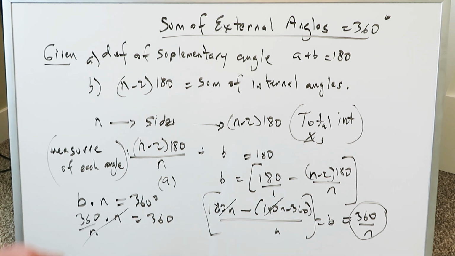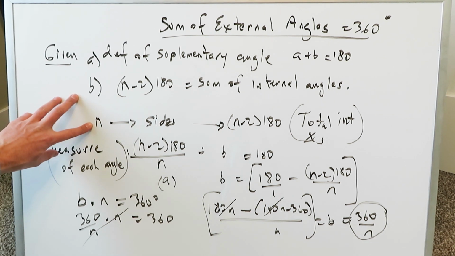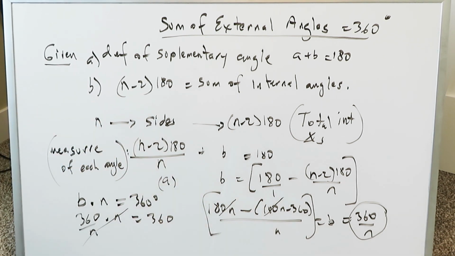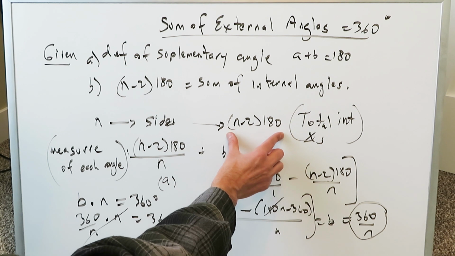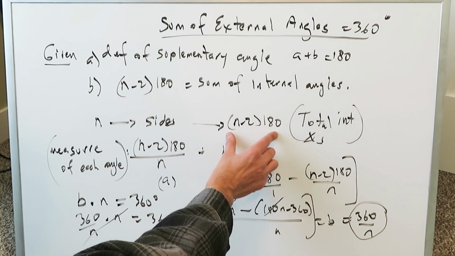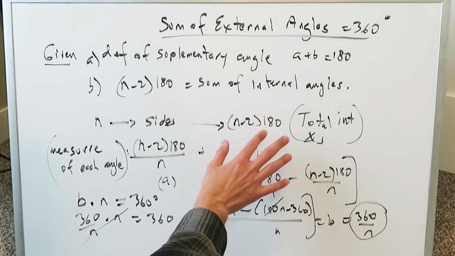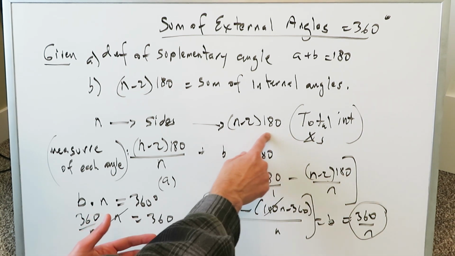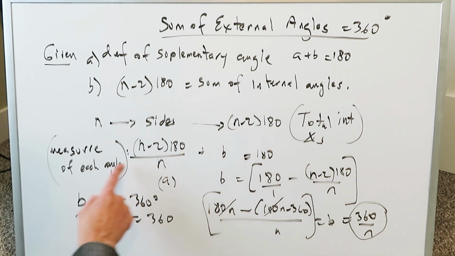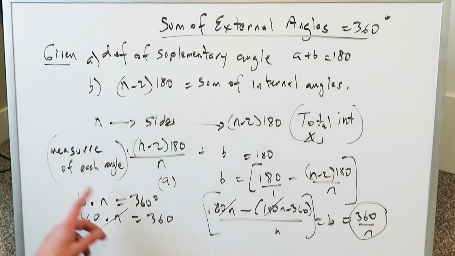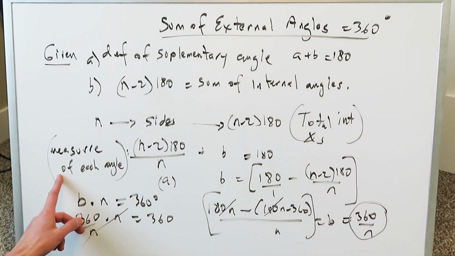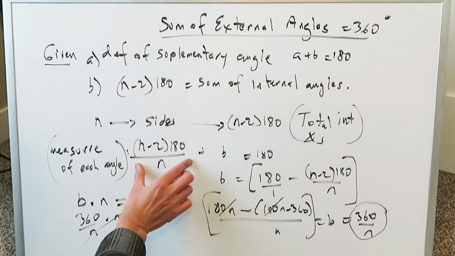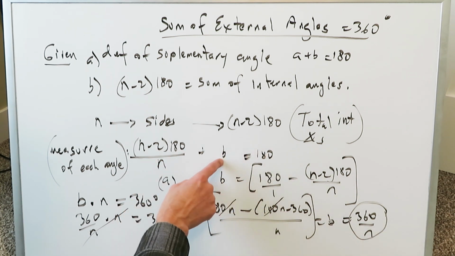Remember how it starts. N is the number of sides. You also have this formula available from geometry that the total internal angles for any polygon is n minus 2 times 180. This total internal sum of all those angles, if you divide it by the total number of sides, gives you the measure of each internal angle. But each internal angle is in a supplementary relationship with an external angle.